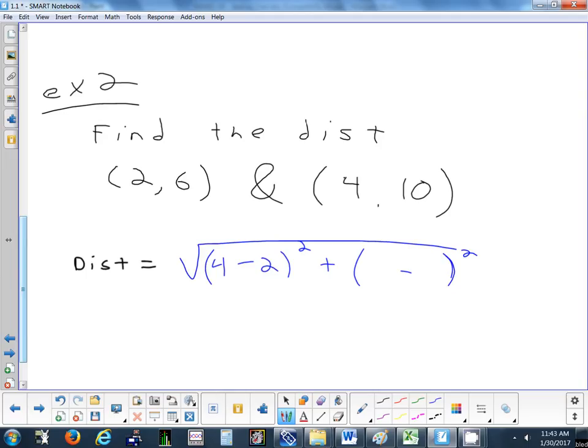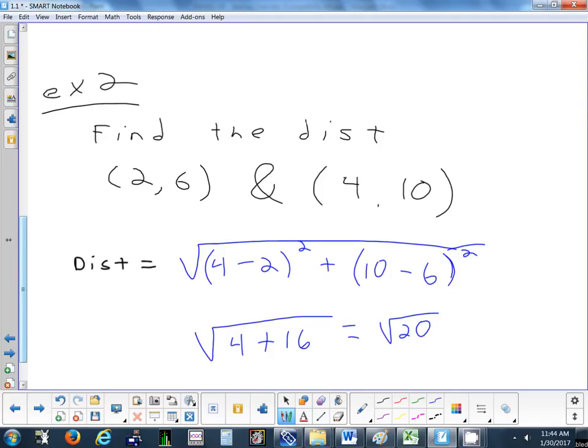And how about the second set? 10 minus 6. Okay, any questions on setting that up? Okay, and Trevor, what's 4 minus 2? 2, and if you square it? 4. Okay, Henley, what's 10 minus 6? 4, and square it? 16. And I get the square root of 20.